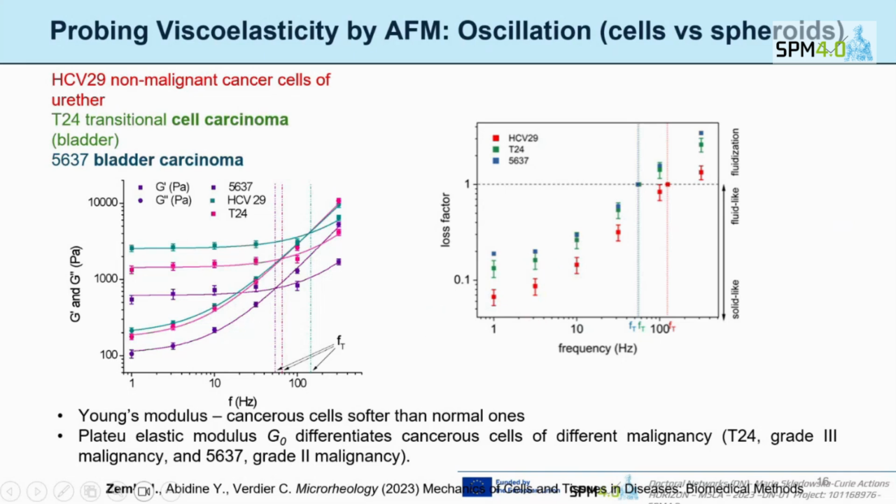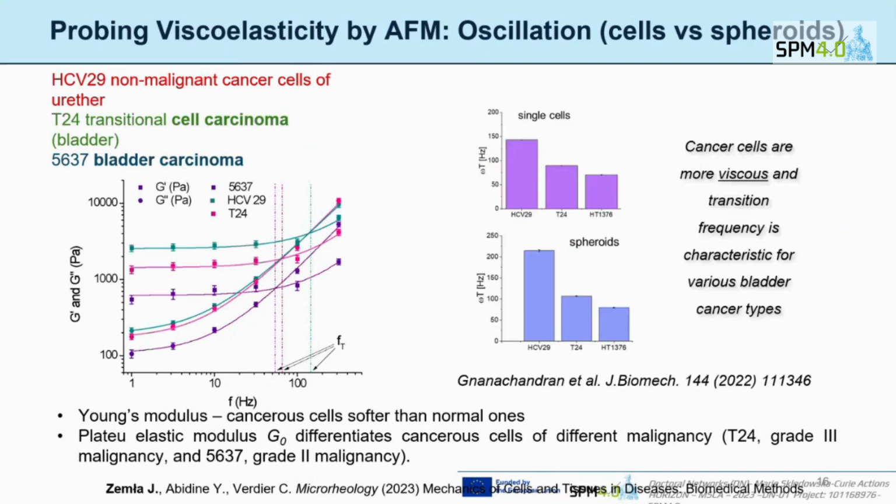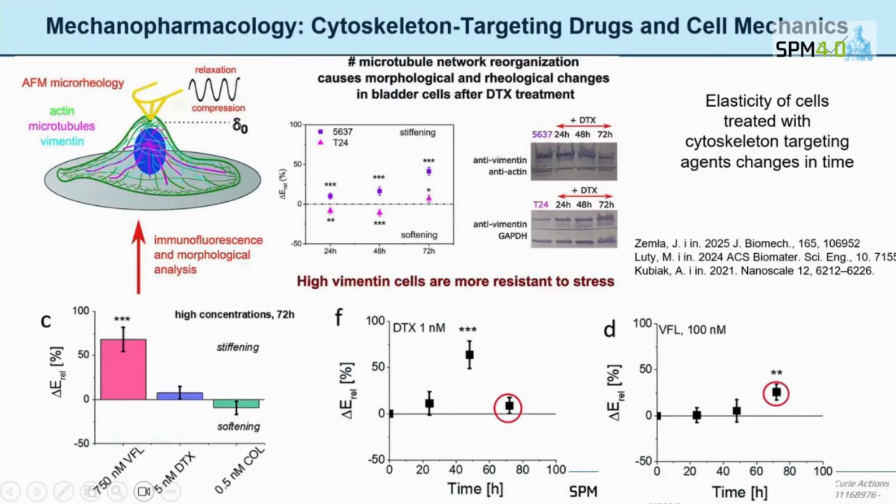So this approach gives us the possibility to distinguish not only between normal and cancerous cells, but also between cells of different grades. Again, for 3D cell cultures, we also have the same effect, that we can distinguish between different cancer cell lines.